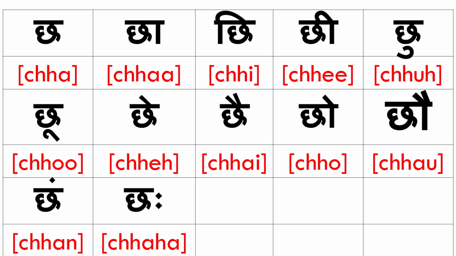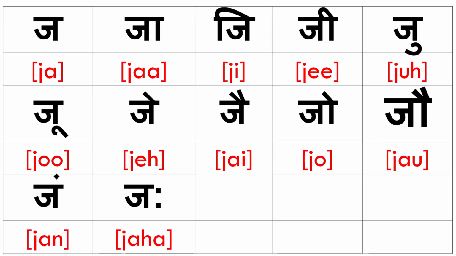Then the next Cha, chaa, chi, chi, chu, chu, che, chai, cho, chau, chang, chaha. Ja, jaa, ji, ji, ju, ju, je, jai, jo, jau, jang, jaha.